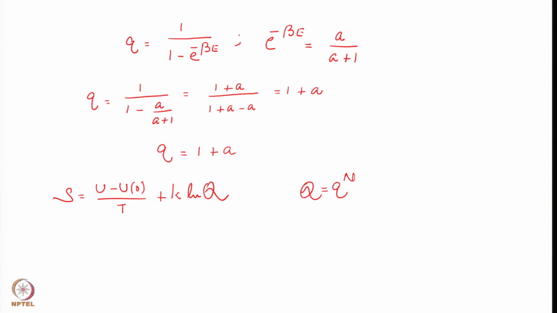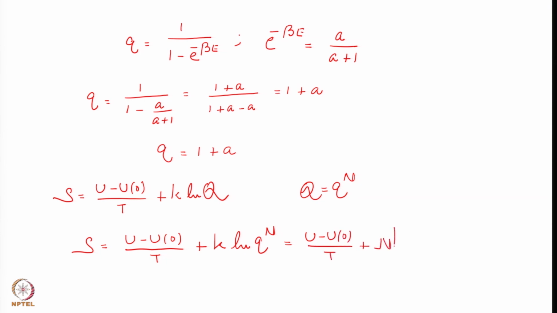So therefore, the expression that I get now is S is equal to U minus U0 by T plus k log q raised to the power N, which is equal to U minus U0 by T plus Nk log q. We have an expression now which connects S with q.